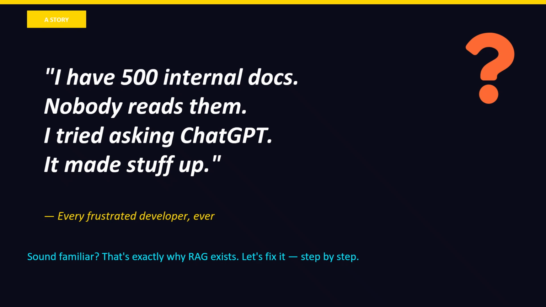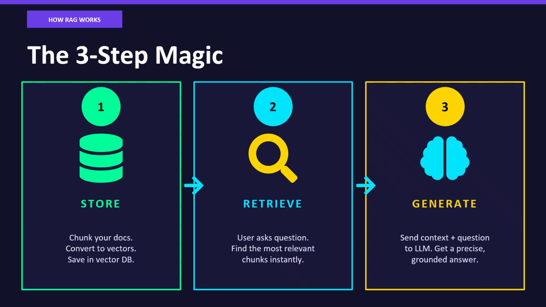Alright, let's get into the actual mechanism. Three steps. That's all RAG is. Just three steps. Step one is store. You take your documents, chop them into smaller chunks, convert each chunk into a vector, which is basically a list of numbers that represent the meaning of the chunk, and you save everything in the vector database. Step two is retrieve. When a user asks a question, that question also gets converted to a vector.